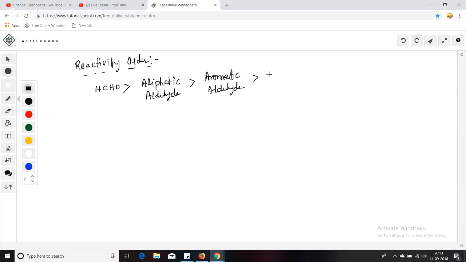Then we have ketone, and in that we'll write first aliphatic ketone, and then aromatic ketone. Then we have acyl halide, acid halide, or we can write down the further reactivity order also. But this is important till here, aromatic ketone. So this is the reactivity order we have.